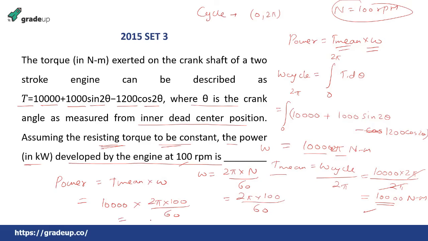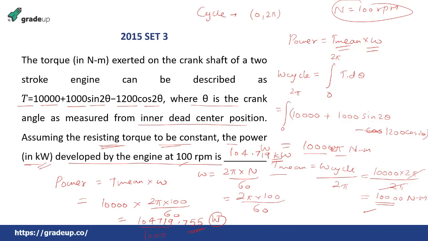If you solve this, you will get 104,719.755. But just remember that this will be in watt and the answer has been asked in kilowatt. So you need to divide this value by 1000, and on dividing by 1000 you will get the answer as 104.719 kilowatt.